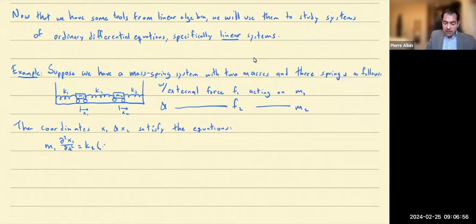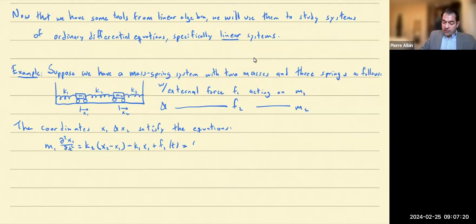So that's going to be x2 minus x1, right? And then, of course, K1, this first spring is pulling this first mass towards equilibrium by however much it's displaced. And then, of course, we have our exterior force, F1.